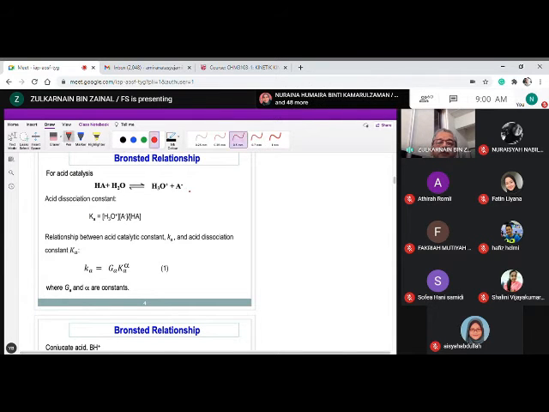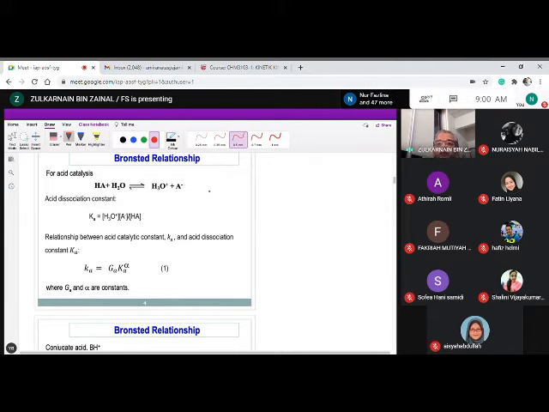So as we know, a strong acid will be fully ionized. So whatever the concentration of the acid, that is the concentration of H3O plus or H plus in the solution.